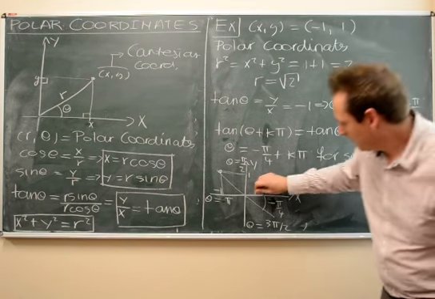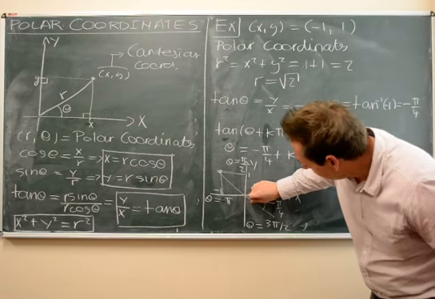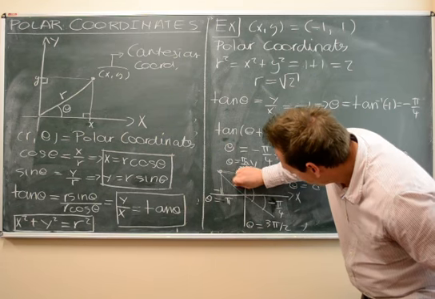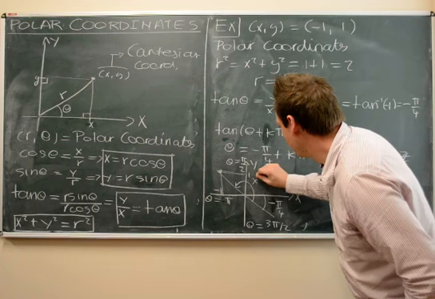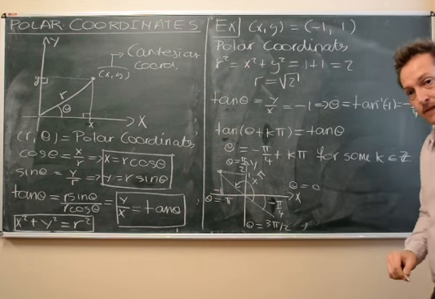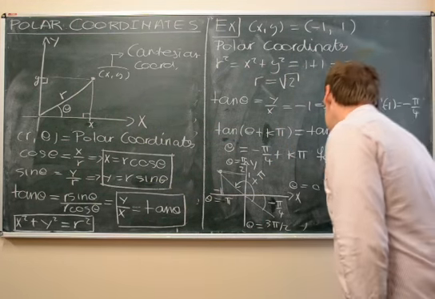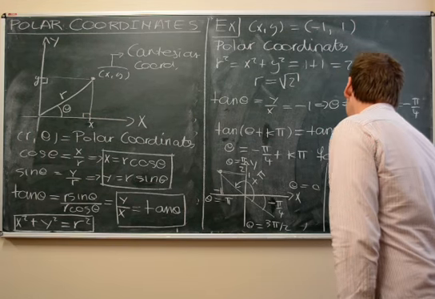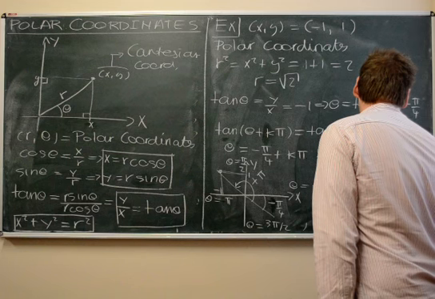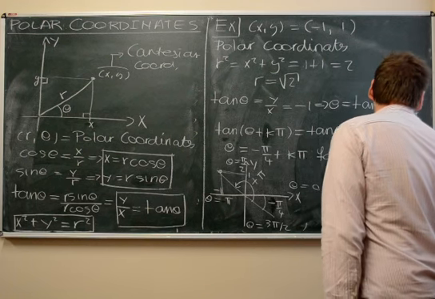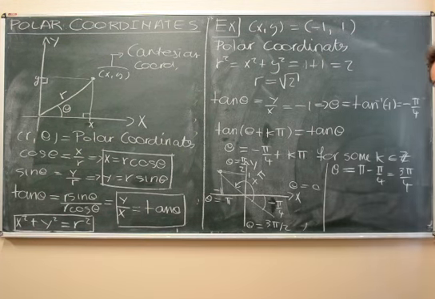So getting from minus pi over 4 to there, we have to add pi. So that tells us that our theta is in fact pi minus pi over 4, or 3 pi over 4.